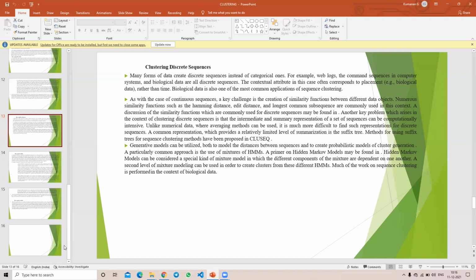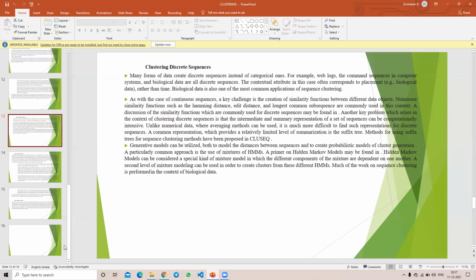Generative models can be utilized both to model the distance between sequences and to create a probabilistic model of cluster generation. A particularly common approach is the use of a mixture of HMMs, where the abbreviation HMM stands for hidden Markov models. A primer on hidden Markov models may be found in the references.